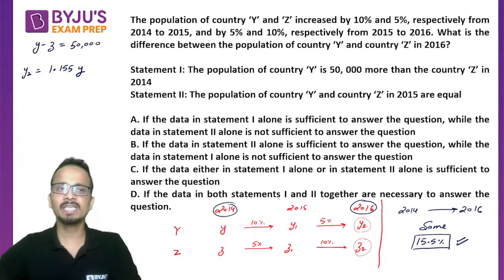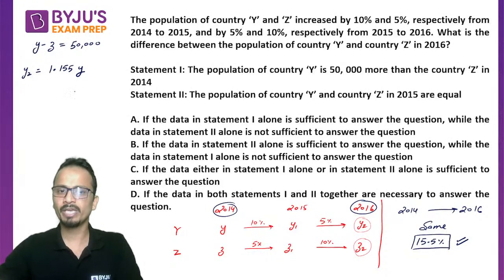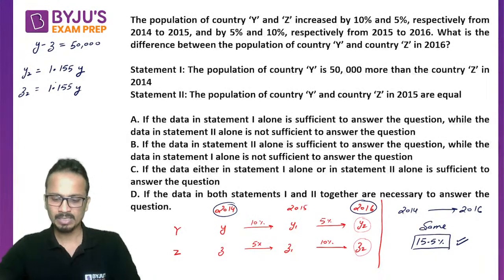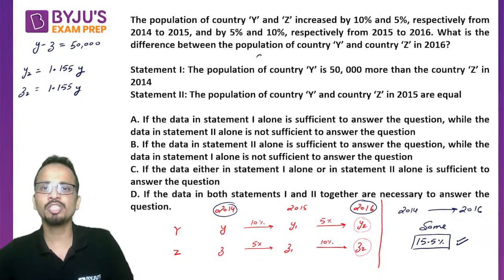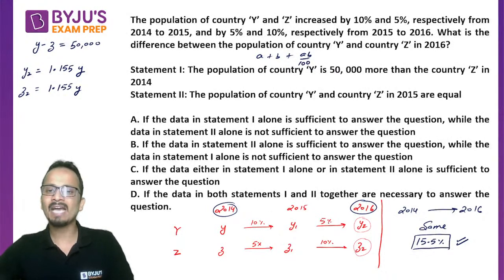I have increased the population of country Y by 15.5% to get Y2. Similarly, Z2 will also be 1.155 times Z. Now forget about Modi Sarkar. You can find the net percentage change using the formula A plus B plus AB upon 100, where A and B are 10 and 5.